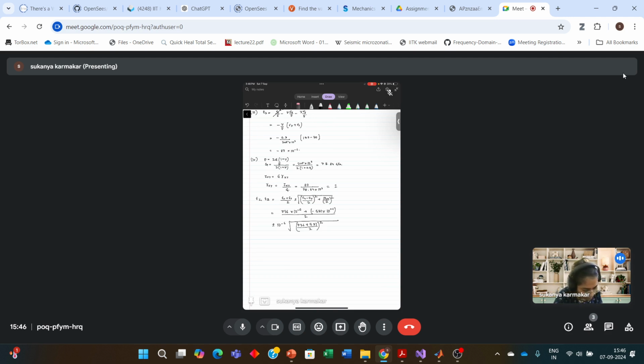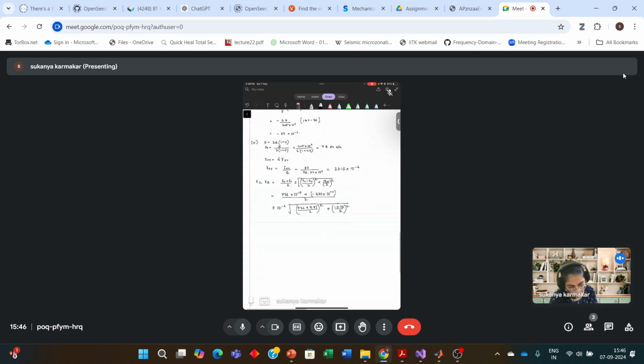It is 1015 into 10 to the power minus 6. So if I use this number here, 1015 by 2 whole square, gamma xy by 2.